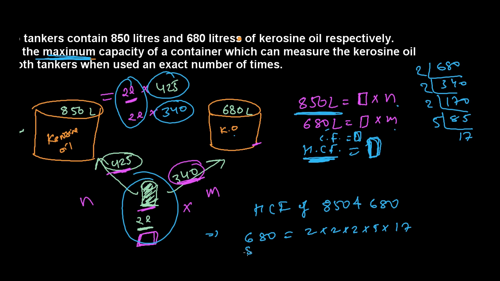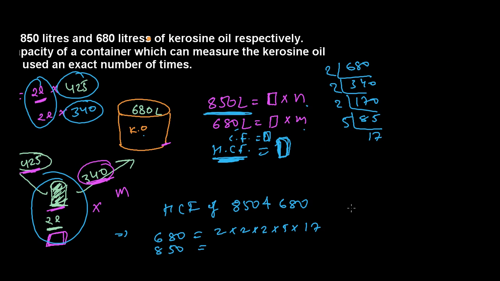Similarly, for 850, let's do the prime factorization: 2 times 425, then 5 times 85, then 5 times 17. So we get 2 times 5 times 5 times 17.